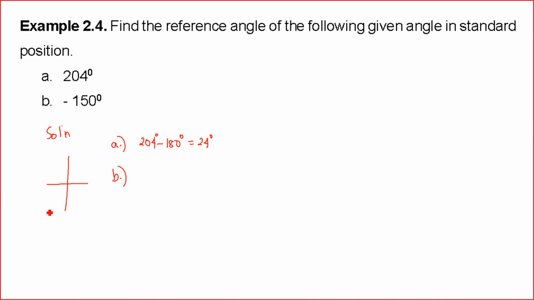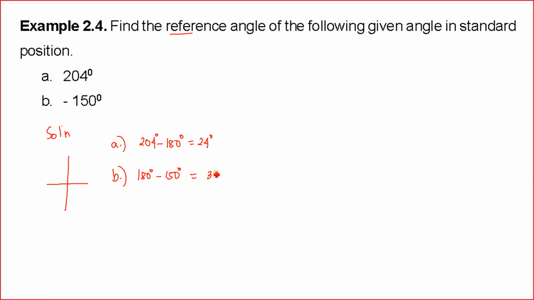Because we are referring to the reference angle, which is always positive, let's treat this one as positive. So here, we have 180 minus 150, which is 30 degrees.